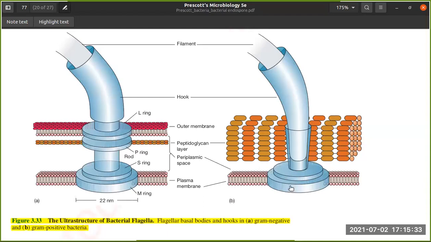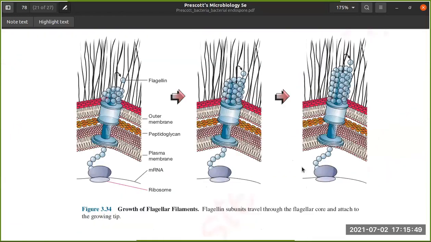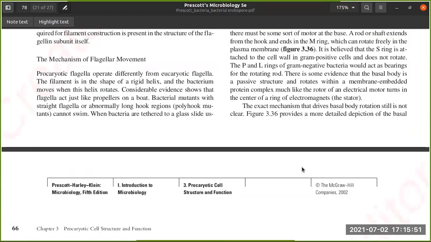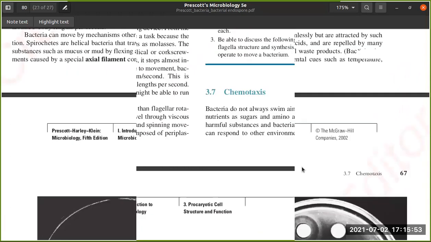You have the M ring, S ring, the rod is here, and immediately the hook is coming from here, and the filament comes out. So you have to know the difference between the flagella of gram positive and gram negative. So this is essentially what you have to study from this chapter.